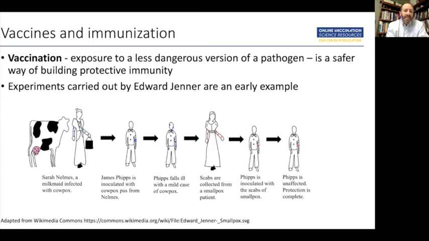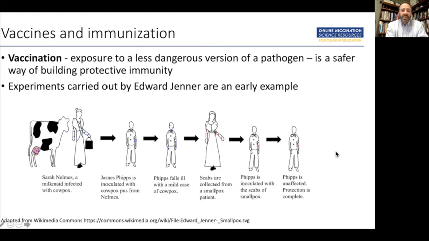In this case, a young person who was immunologically naive, had not yet encountered smallpox or cowpox, is given cowpox isolated from someone who has been infected with it. They fall ill with a mild case of cowpox, and then the proof of the protective effect was shown upon further exposure to someone who had contracted smallpox, and the person who was inoculated with cowpox did not get sick.